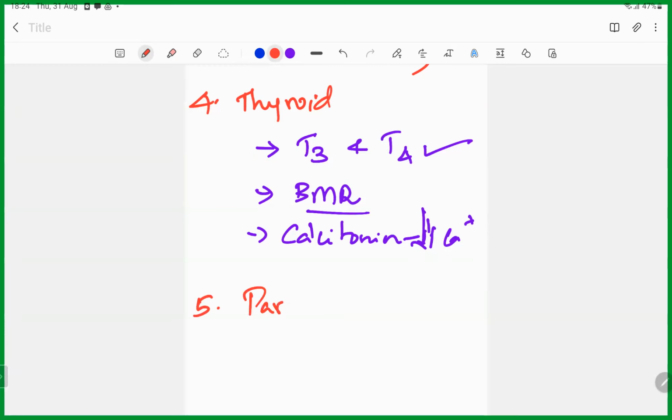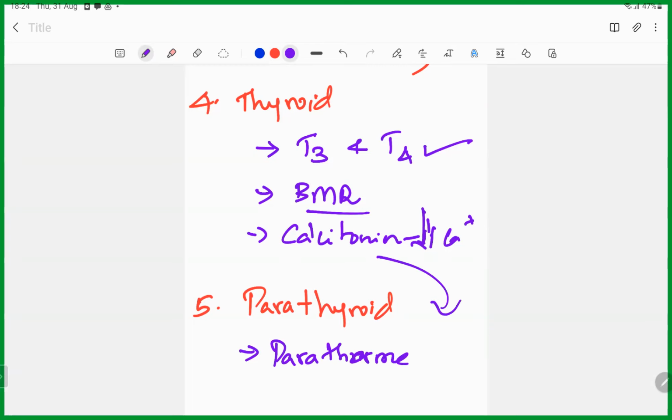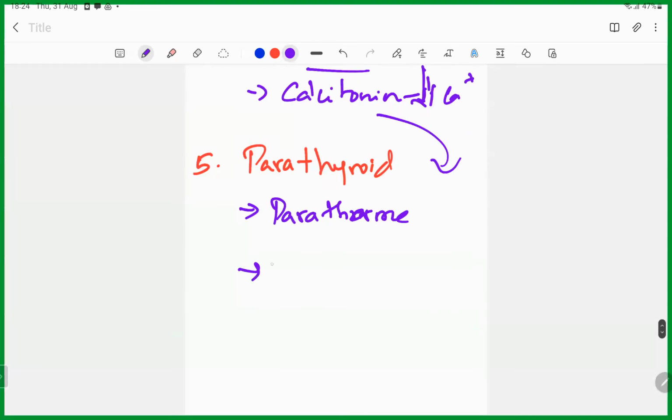And then the fifth gland is the parathyroid gland. In our throat region, there are the thyroid and parathyroid. What will the parathyroid do? The name of the hormone is parathormone. It increases the calcium ion level in the blood.